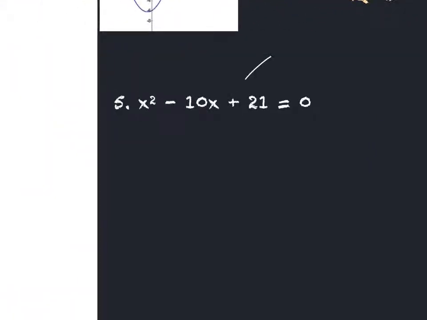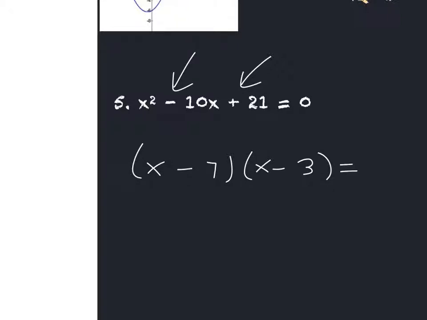Another example. We have a positive 21 and a negative 10. So when we're factoring this, that tells us that we're going to be dealing with two negatives. Two negatives would multiply and give us a positive, and two negatives would add and give us a negative, right? So this would be 7 and 3, it looks like. Negative 7 times negative 3 would give you positive 21, and negative 7 plus negative 3 would give you negative 10.